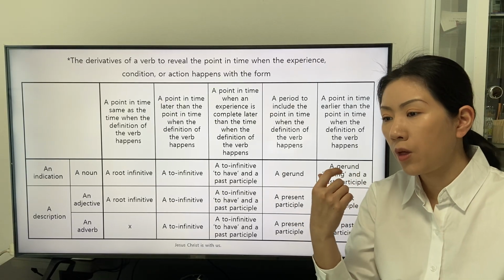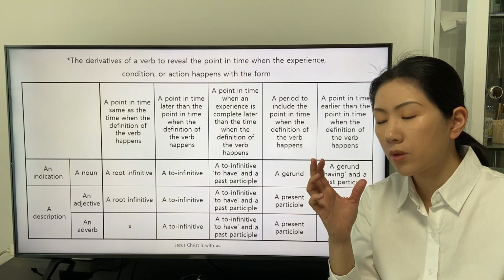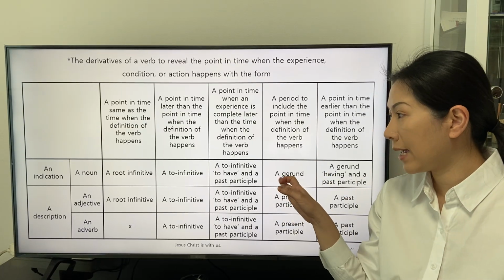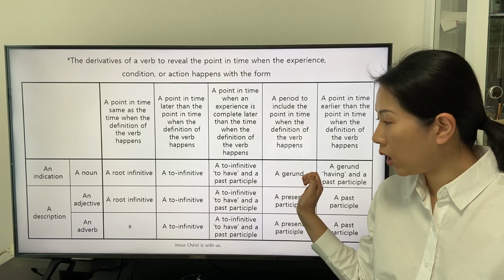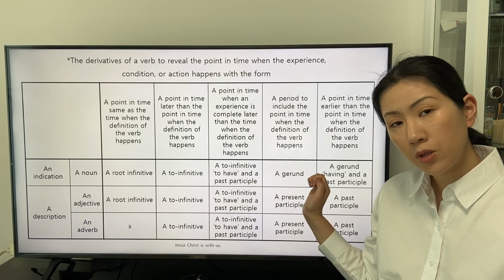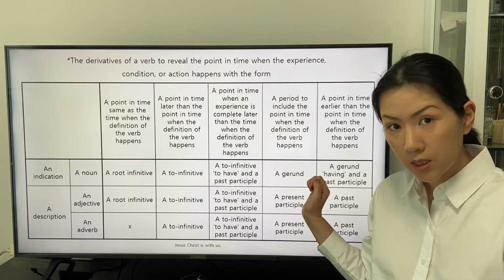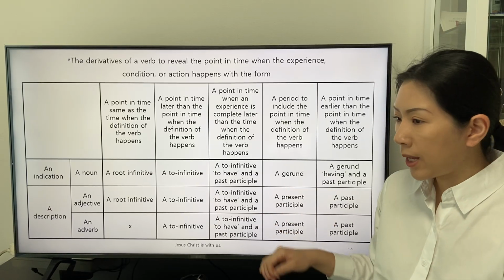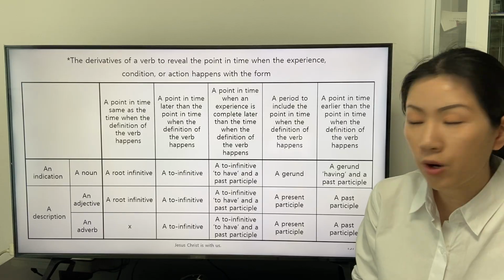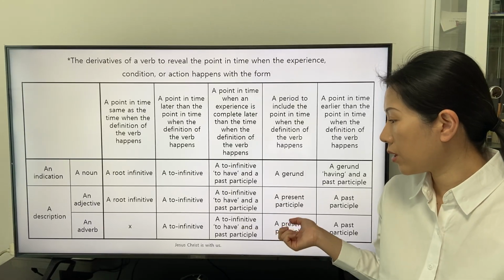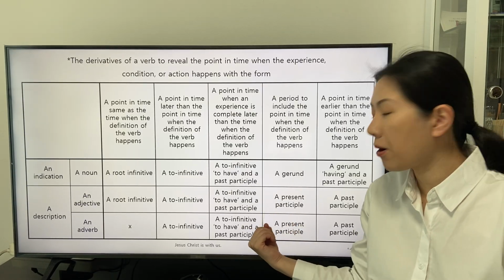When the form of the combination is applied as an indication, it is called with the term a gerund. When it is applied as a description, it is called with the term a present participle.